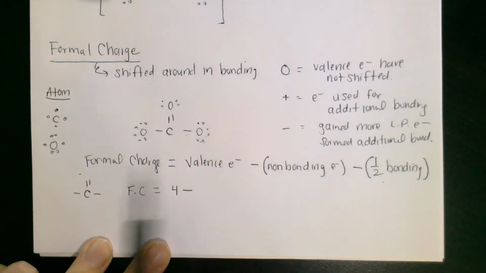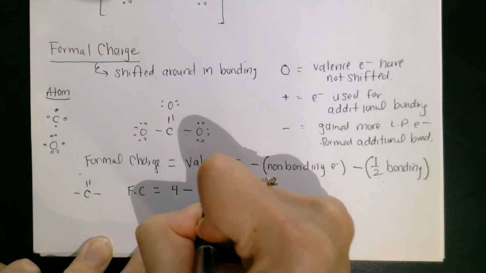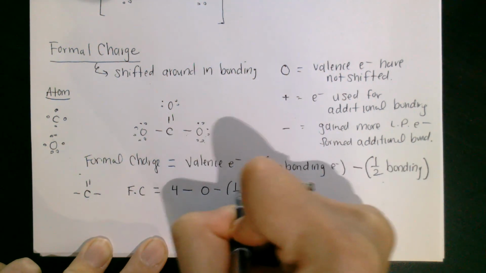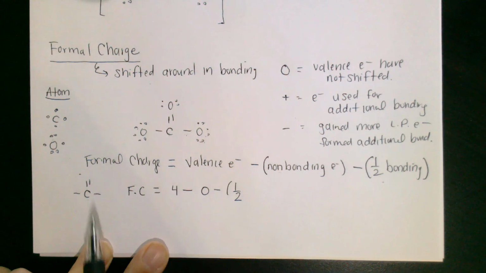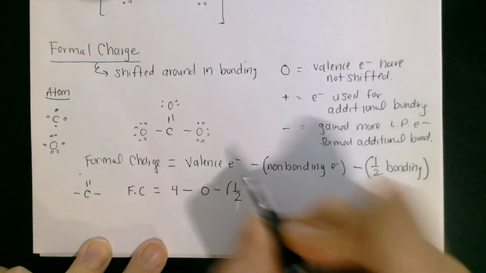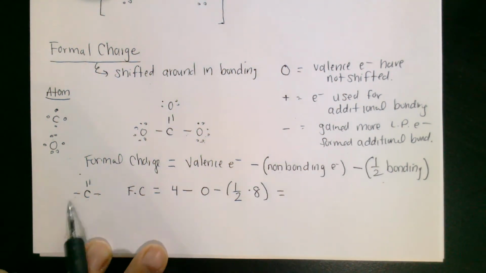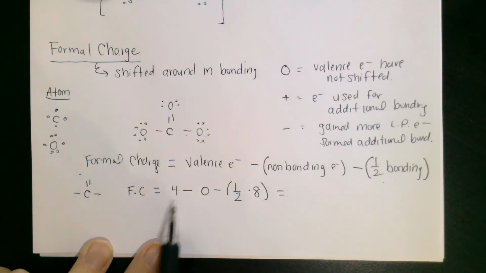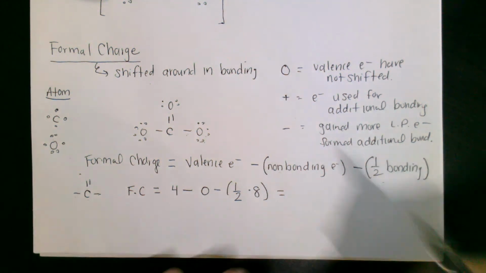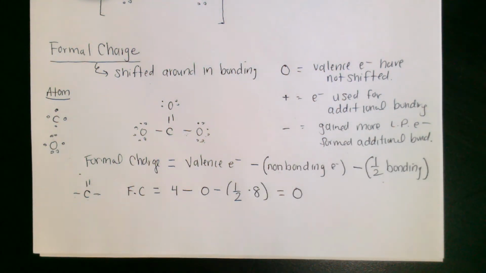Subtract non-bonding electrons. Do I have any lone pair here? I don't. Minus 1/2 of the number of bonding electrons. So I have 2, 4, 6, 8. 1/2 of all of those bonding electrons belong to carbon. So we get 4 minus 0 minus 4. Carbon has a formal charge of 0.